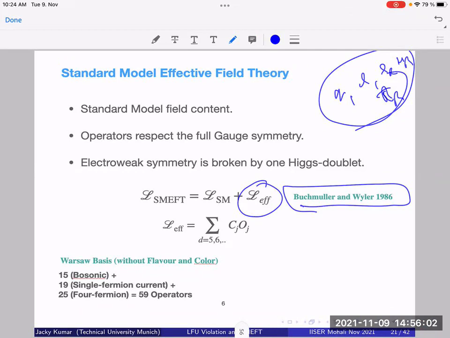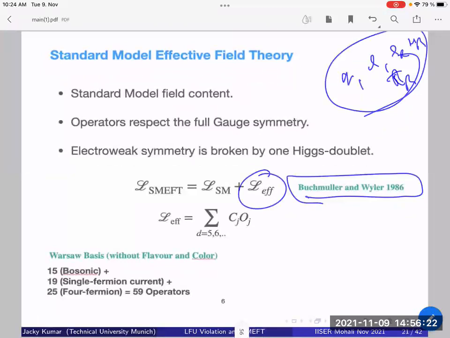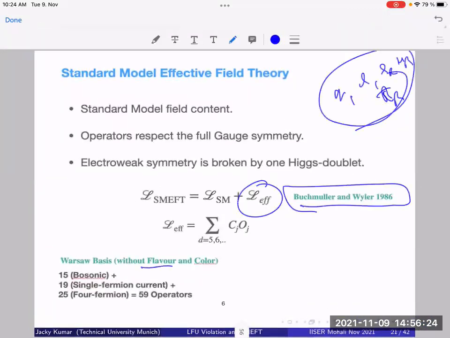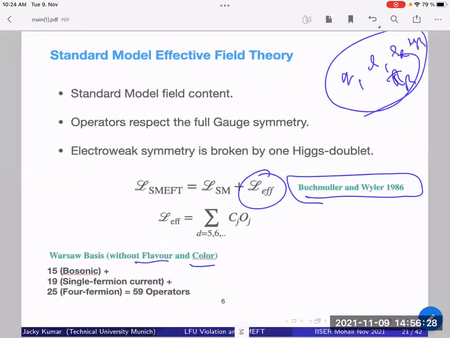This effective field theory is known as the standard model effective field theory, SMEFT, which has like 15 bosonic operators and 19 which contain a single fermion, and there are lots of four-fermion operators, and this is without even flavor and color structure. If you put in flavor and color structure, there are like 3000 operators.